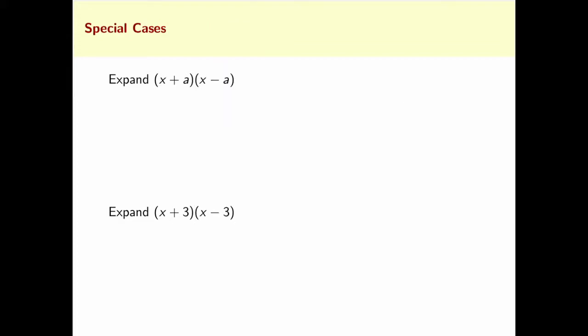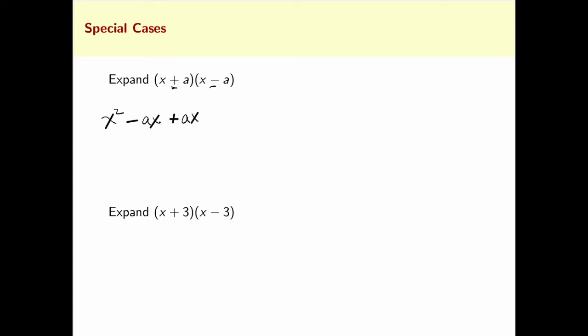Let's look at a special case, where we have two binomials that are the same except one has a plus sign and one has a minus sign. If I FOIL this out, first terms together give me x squared. The outer terms gives me minus a times x. The inner term gives me plus a times x.